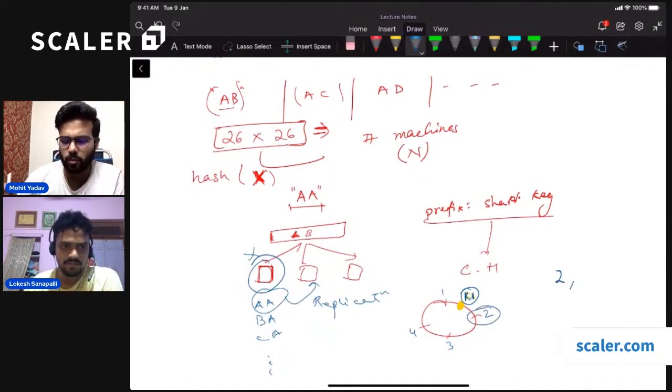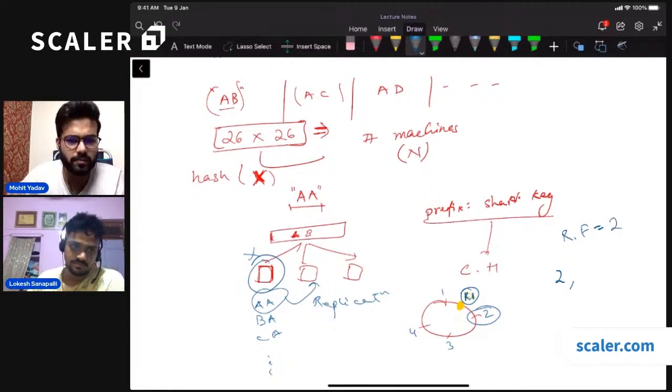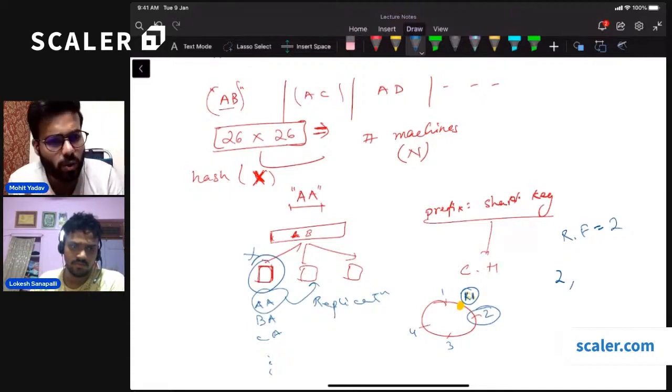What is the next server? Let's suppose I set the replication factor equal to 2, which means 2 servers need to hold the data. What would be the next choice of server? Should I push this data to 1, to 4, or to 3? 2 is the ideal candidate and I have added the data there, but I need one more server to hold a copy.